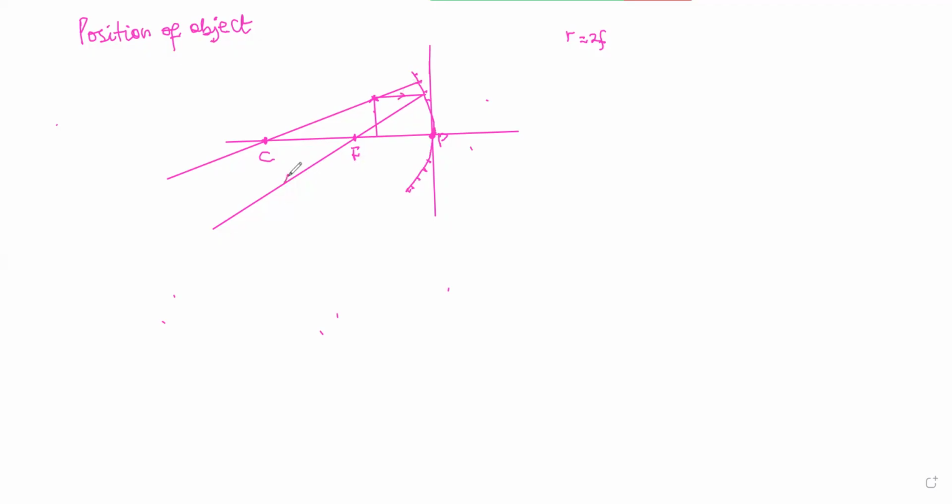So incident and reflected. If you look at the two reflected rays, it is obvious there is no way they will meet in front to form a real image.